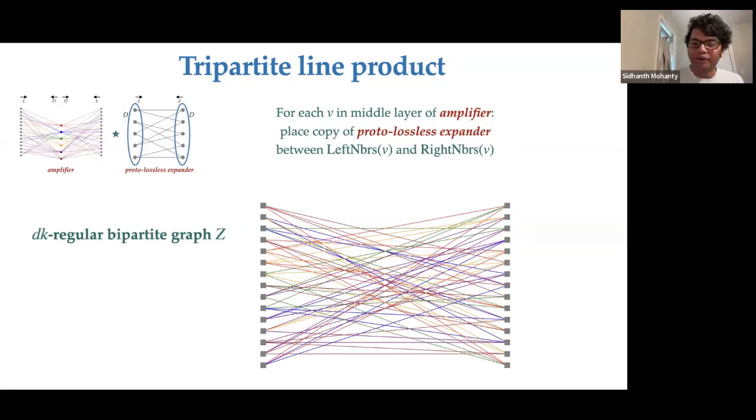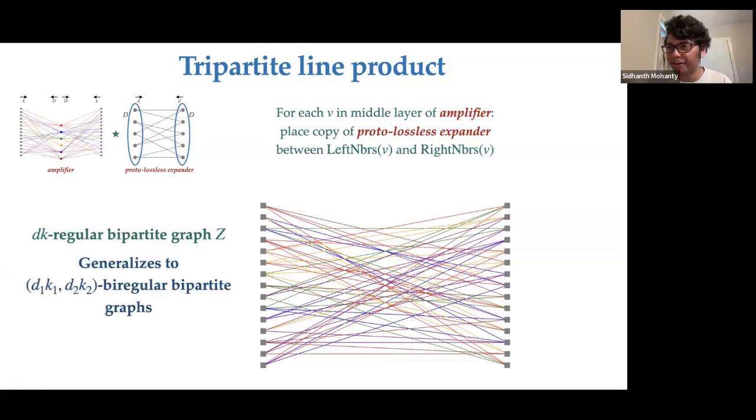Okay, so once again, to calibrate you all with some parameters, given the parameters of the amplifier and the proto-lossless expander, you're going to get a little d times k regular bipartite graph.